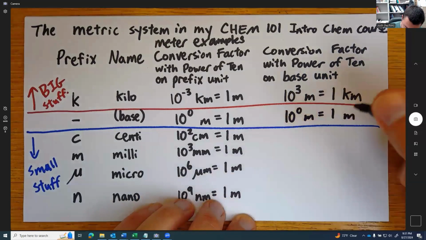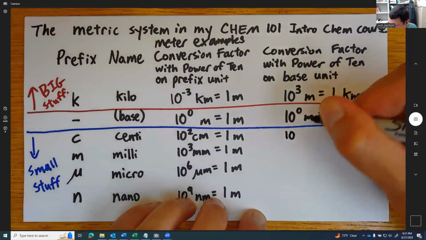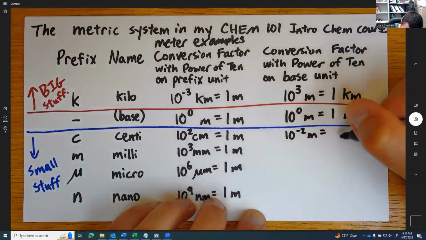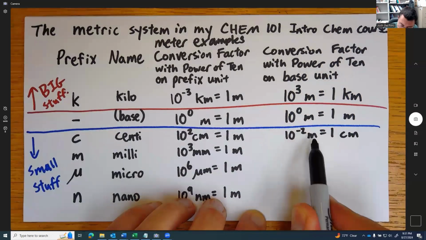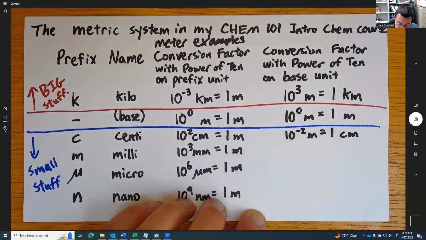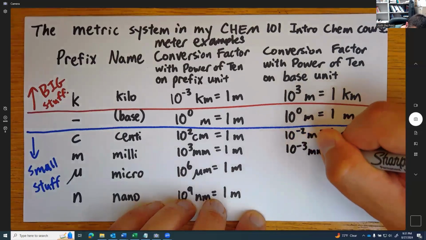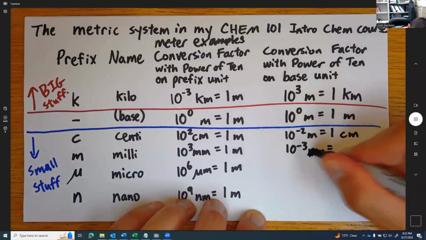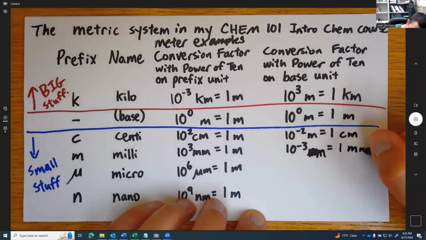All right, let's keep this going. 10 to the minus 2 meters is the same as 1 centimeter. If we get 1/100th of a meter, that is a centimeter. And then we can just keep this going. 10 to the minus 3 meters is 1 millimeter.